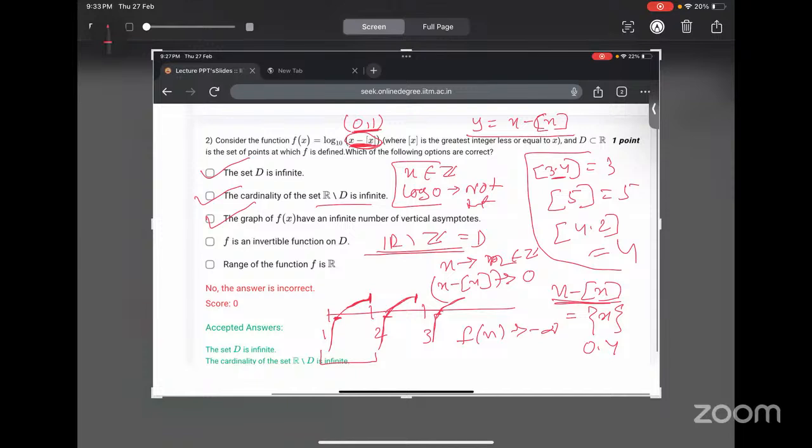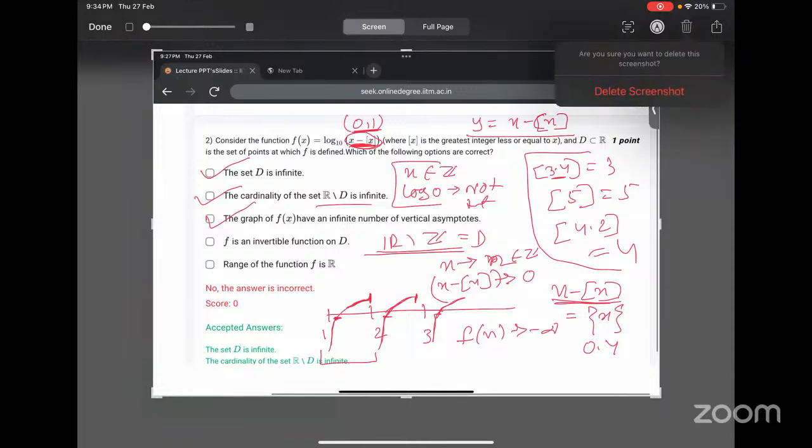What about the next one? Is it invertible on D? No, it cannot be invertible, madam. Why? Because at integers it is not defined.